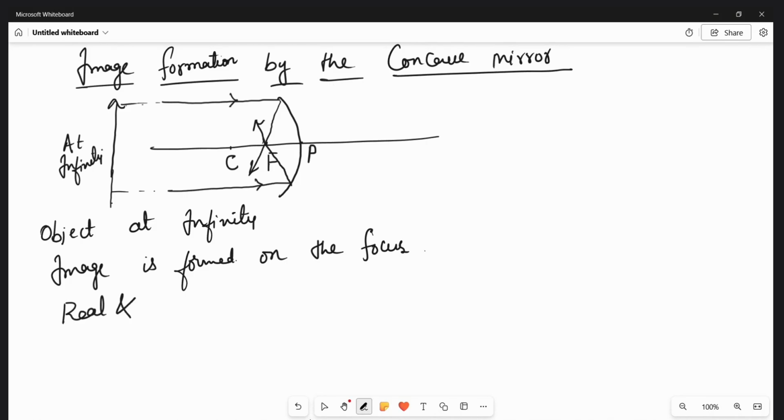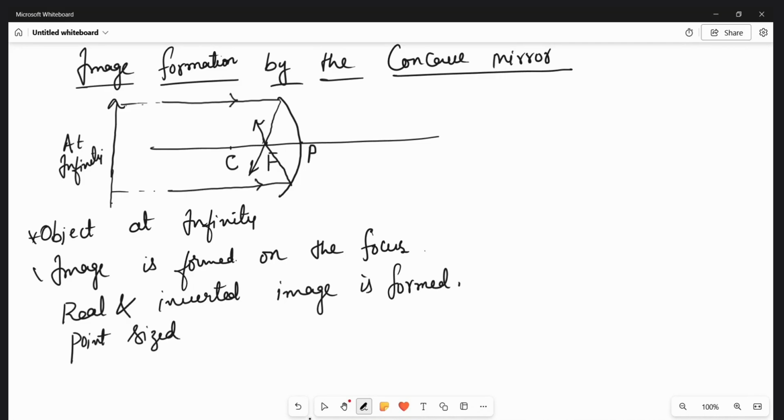Real and inverted image is formed. Point sized. Highly diminished image is formed.